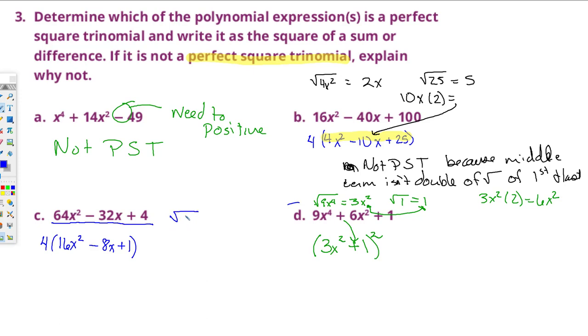The square root of 16x squared is equal to 4x. The square root of 1 is equal to 1. Their product is 4x. If I multiply it times 2, I come up with 8. So we have the 4x, the middle term gets brought down, and the square root of 1, squared.